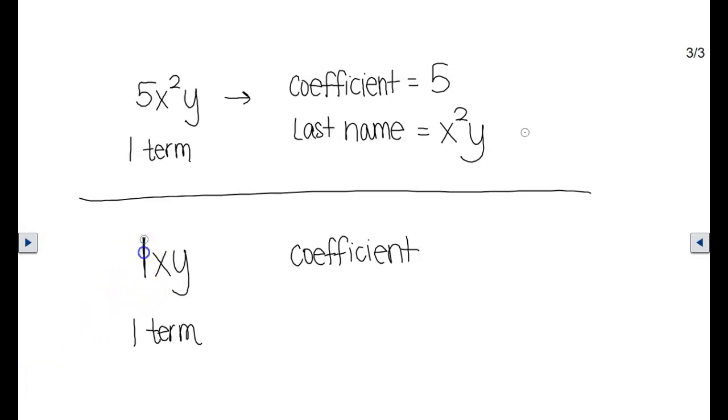You need to remember that when that happens, you have an invisible 1 there. So your coefficient on this would be 1. So everything has a coefficient. If you can't see it, it means it is an invisible 1. And then for this particular term, the variable part would be the last name. So the last name for this term would be xy.